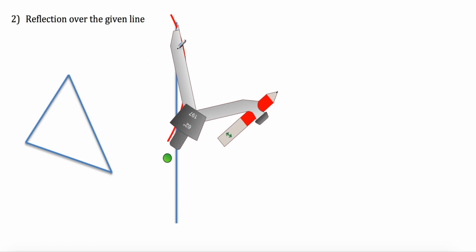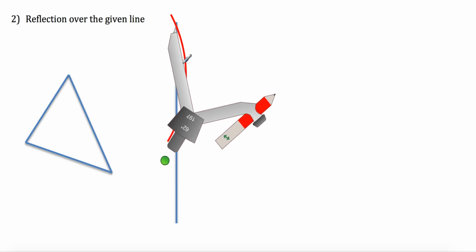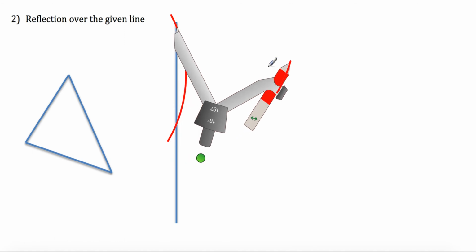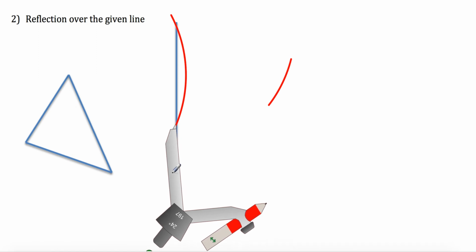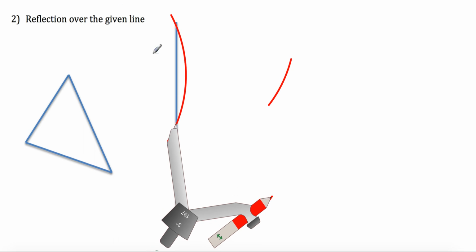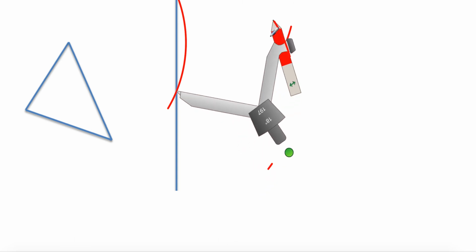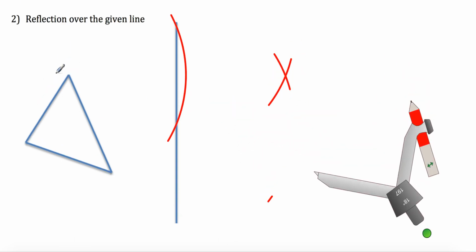And without changing anything, copy this. I'm going to move it up. So I realized that this point has been copied over here. So I'm going to mark it.